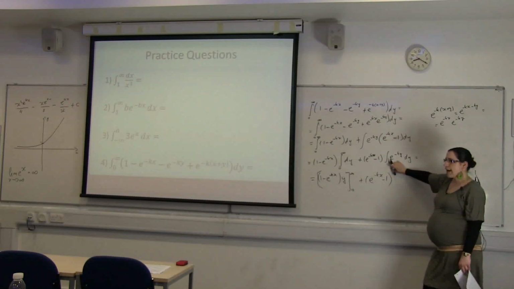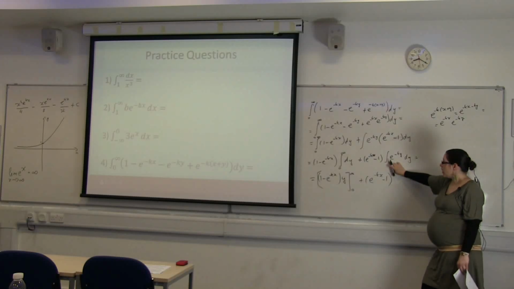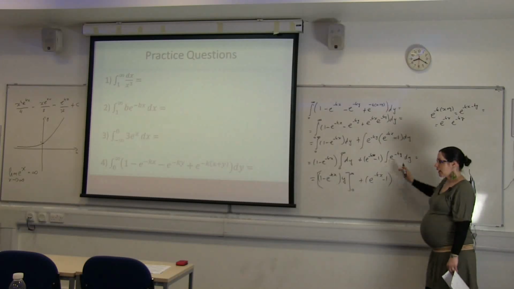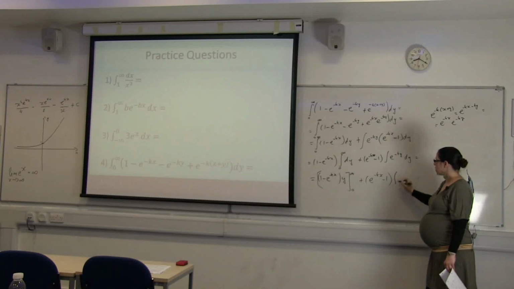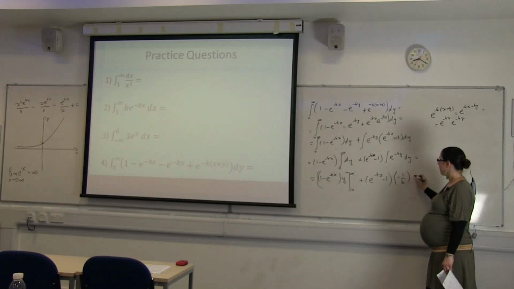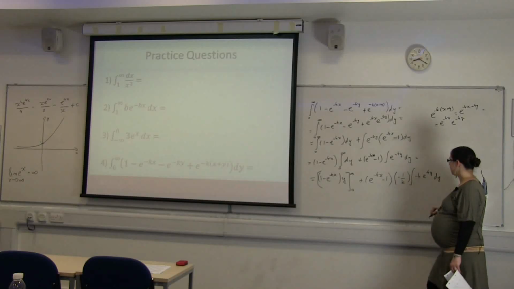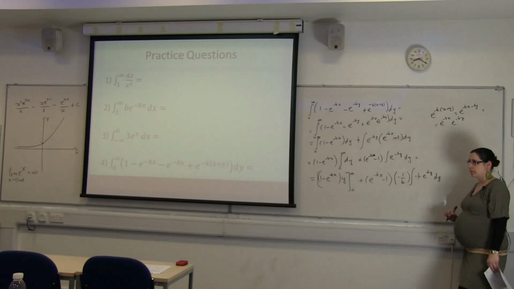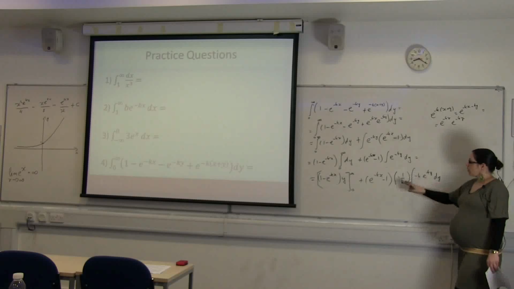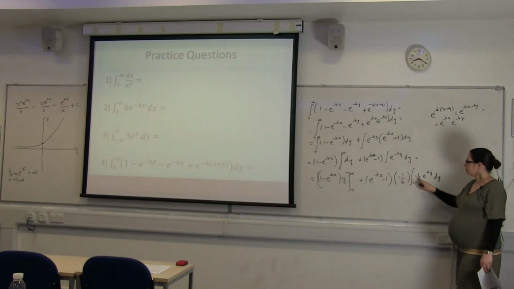Now, if I had the minus k in here as a multiple, I could use the reverse chain rule. And again, this is a very standard trick in mathematics. I could put the 1 over minus k here, and then in the integral, minus k e to the minus ky dy. Okay? Now, why can I do this?